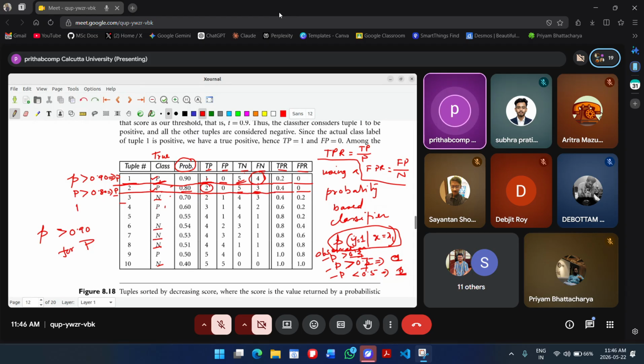So in this case, we are choosing that P is greater than 0.70 for positive. And this way you can see again, so these two elements are still positive if you consider this thing. So that's why it is 2. And below you can see that now false positive has become 1 because of this.